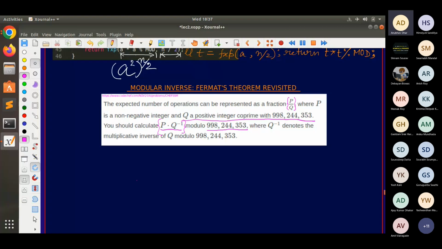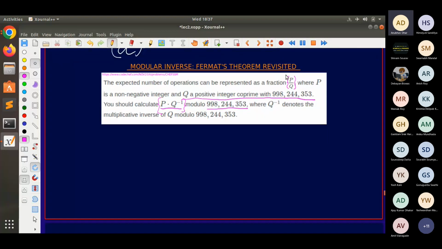You can check that addition, subtraction, multiplication, and division of fractions are the same for this particular way of representing.